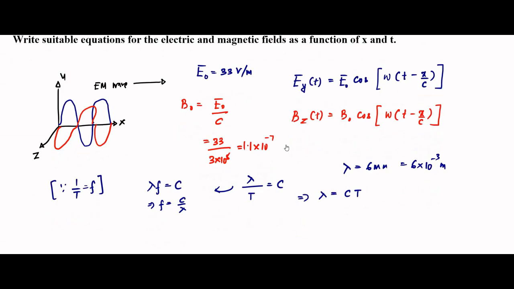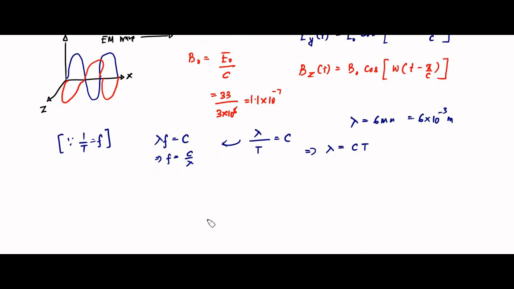Then the angular frequency omega is equal to 2 pi f, which is equal to 2 pi c by lambda. So we'll substitute the values: 2 pi into 3 into 10 to the power 8 by lambda, which is 6 into 10 to the power minus 3 meter.